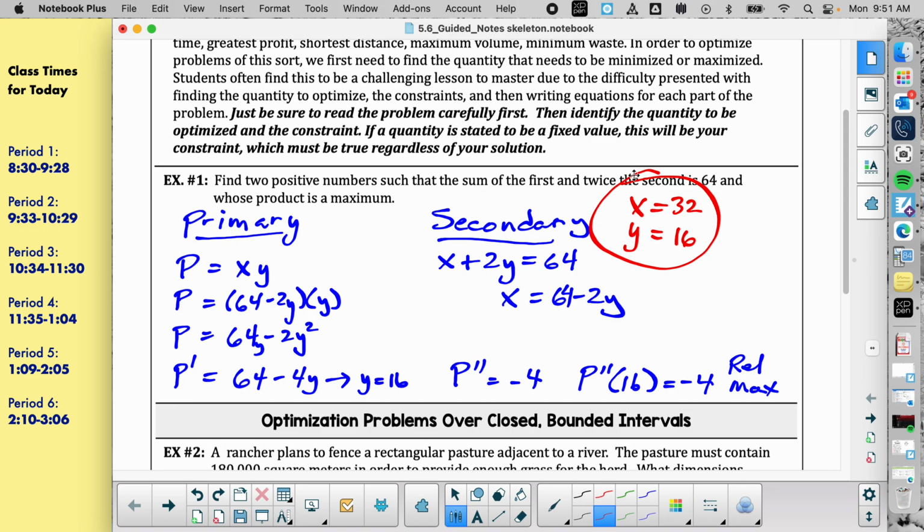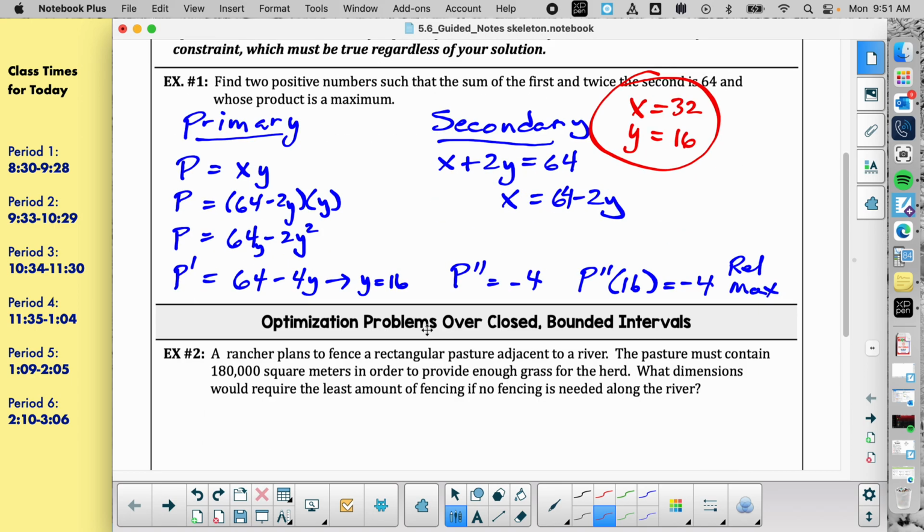That's our primary equation because it's what we were asked to optimize. And so we were always going to have to do the derivative of it to find critical numbers and do relative maxes and mins. So the one that it says to maximize or minimize is always the primary. Secondary just means it's going to be a second piece of information to help you solve the primary. So you don't have to call them primary, secondary. I do to keep it straight in my head.